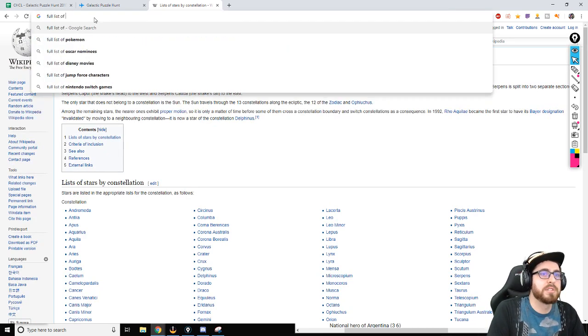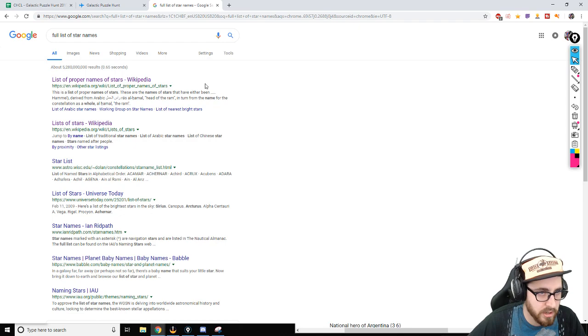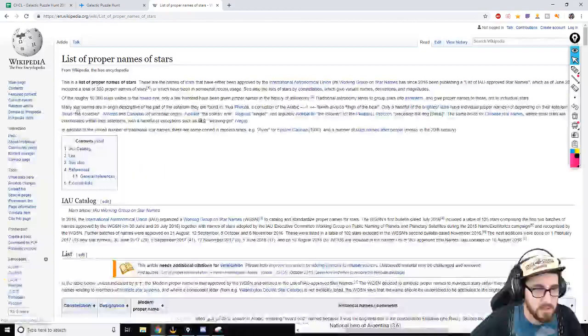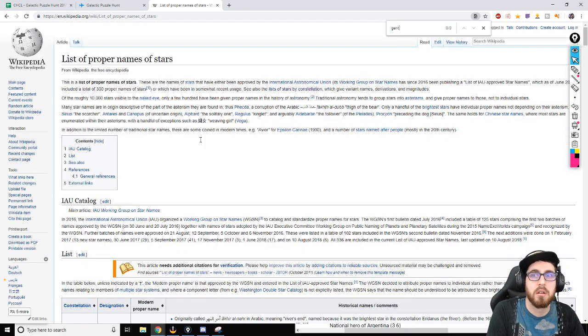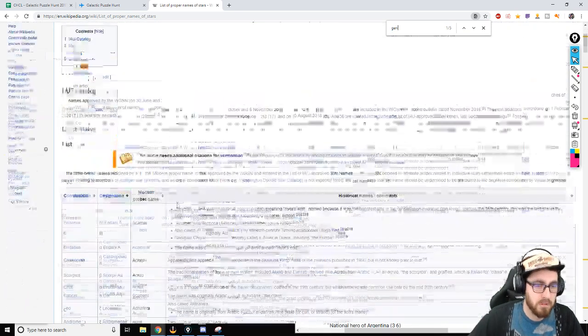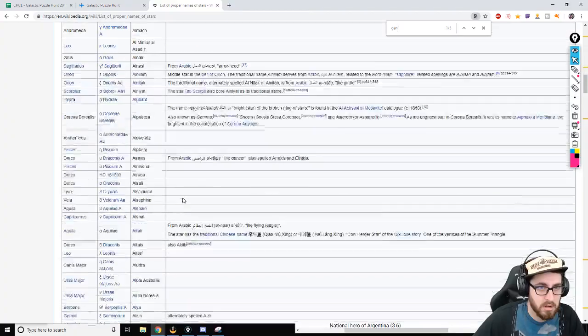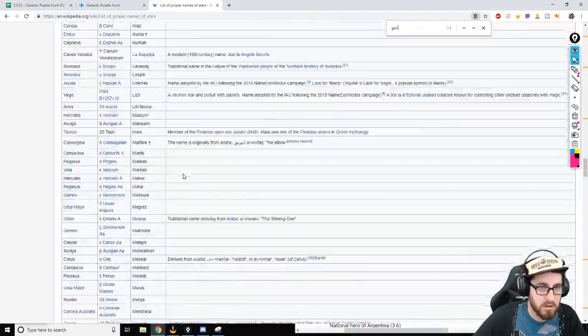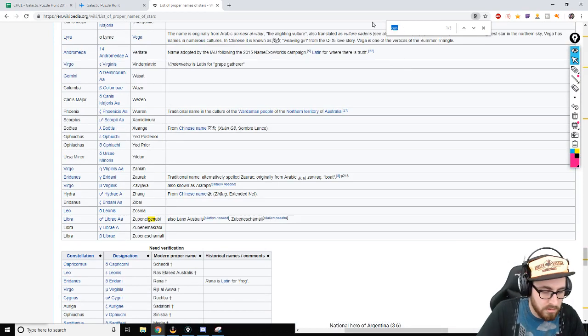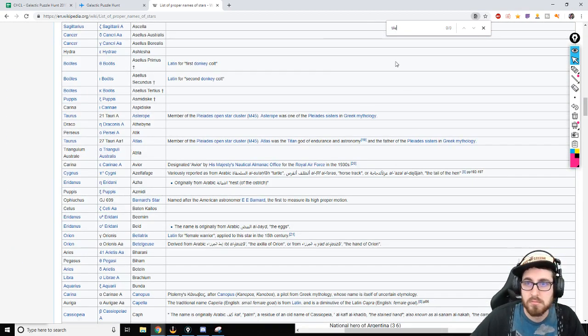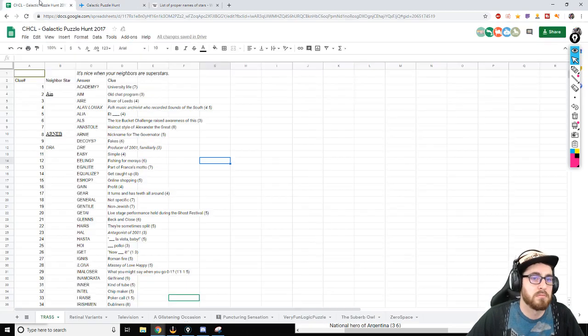I just want a full list of star names. That's all we're looking for. What's the proper names of stars? This is going to be miserable to try to look up.